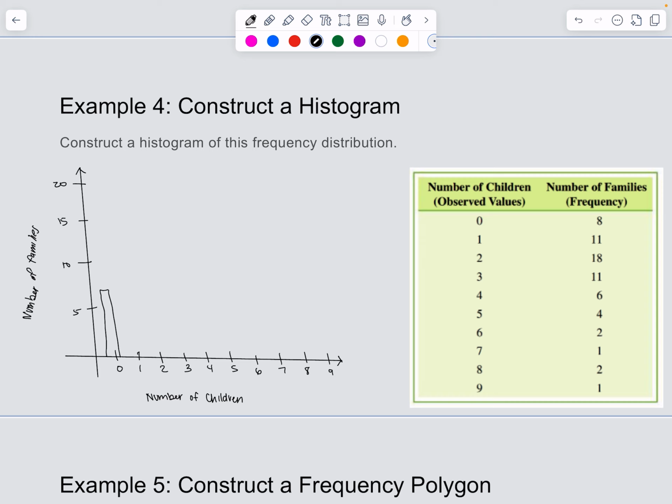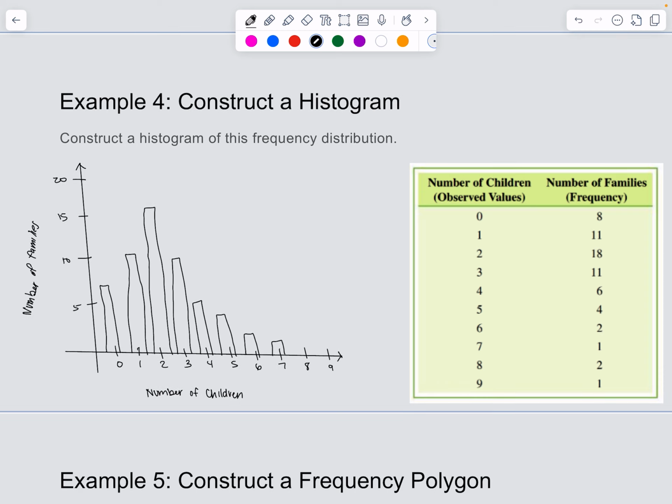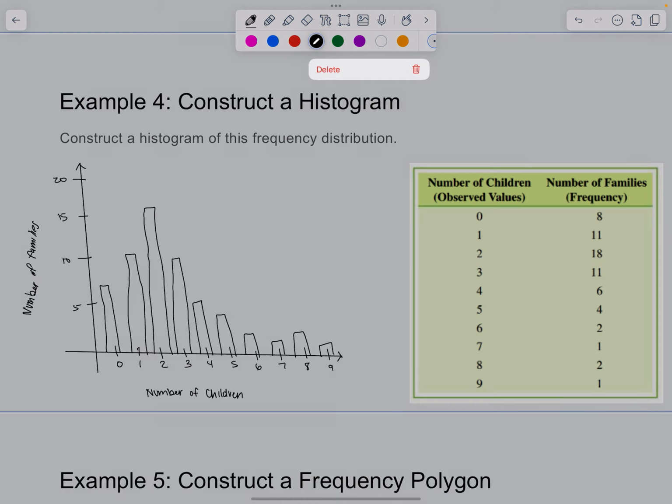And then 11. 2 is 18. 11 again. 6. 4. 2. 1. 2. 1. Very messy, but you get the idea where it's just making bars.